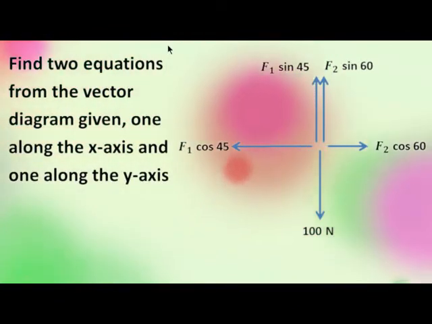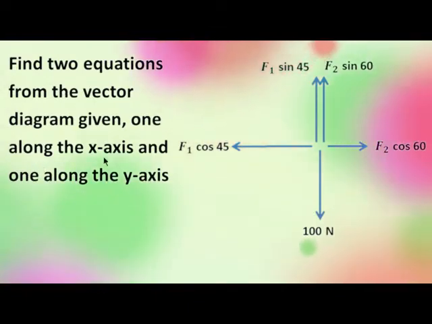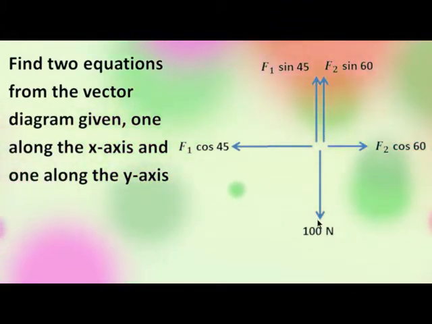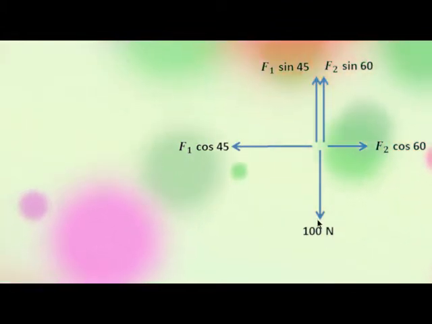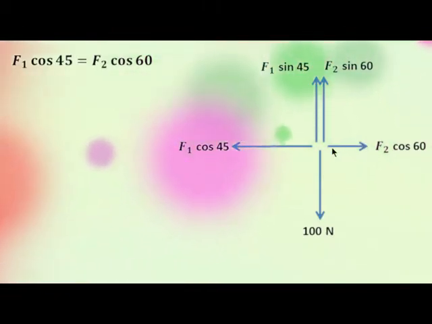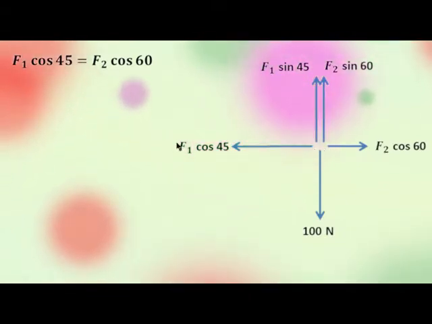Find two equations from the vector diagram given, one along the x-axis and one along the y-axis. This is the x-axis and this is the y-axis. Let's figure out the x-axis first. Since this is equilibrium, the force acting that way equals the force acting this way.